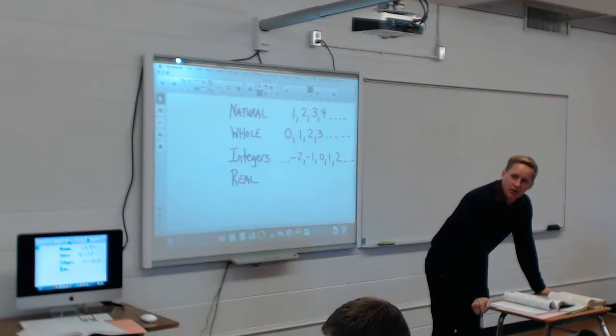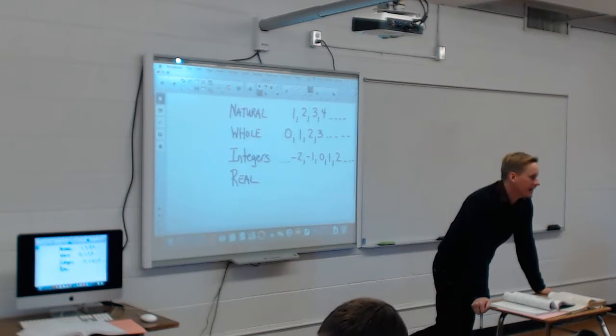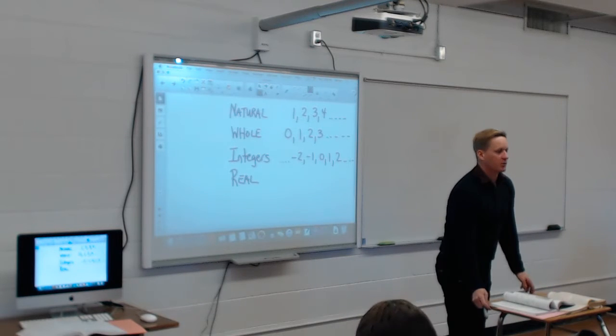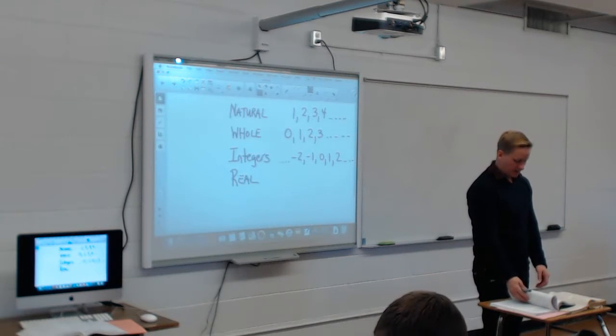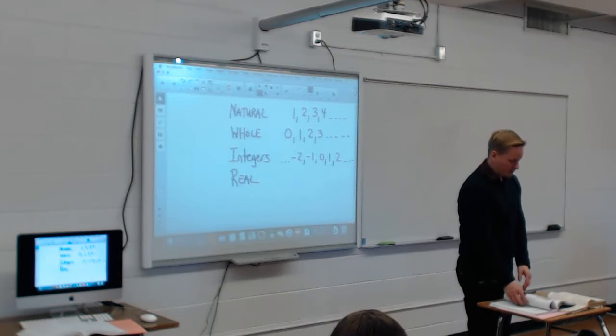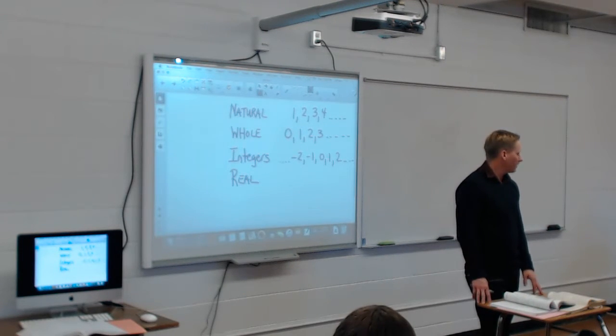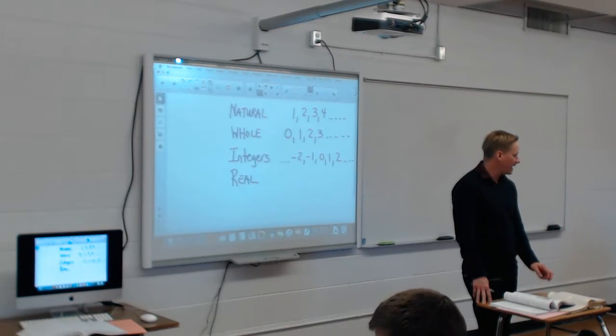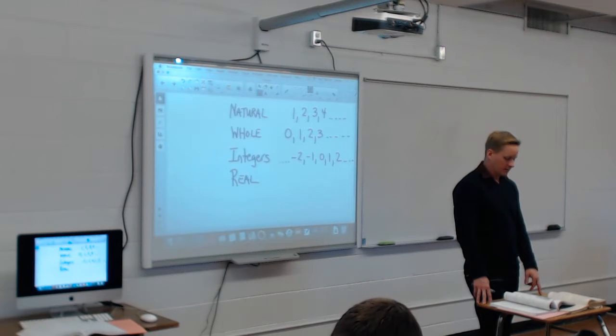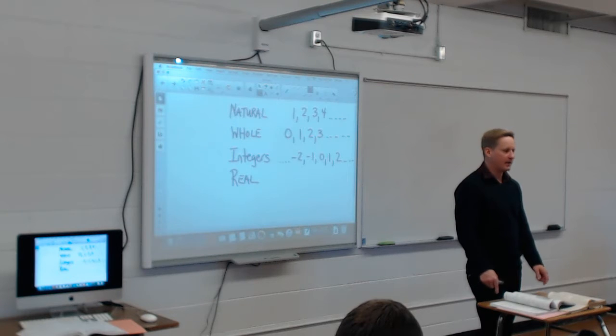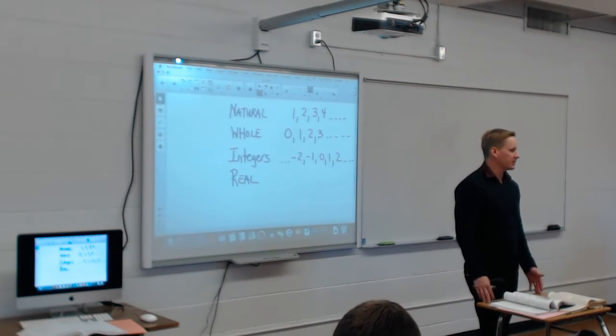Irrational numbers are non-repeating, non-terminating decimals, like square roots that aren't perfect squares. Okay? So that shows you how it works. What's the smallest number system in there that you can see? Natural numbers. And then what's the next largest? Whole. And then integers. And then together, all of that with rational and irrational make up the real number system.